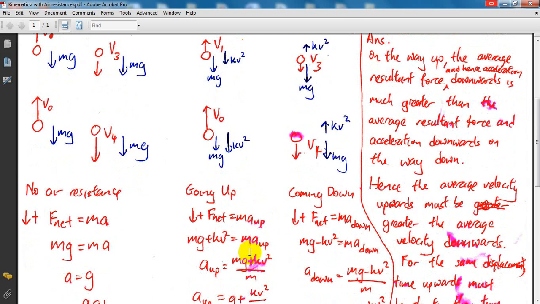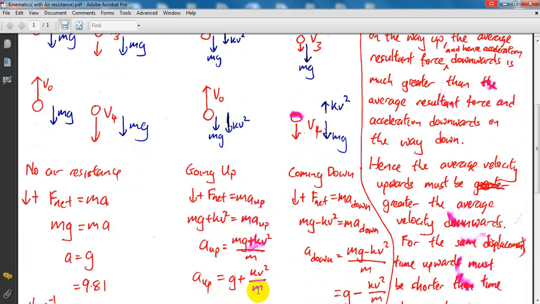And if we manipulate the equation a bit, I realize that acceleration equals mg plus kv squared divided by m. And if I do a simple simplification of the formula, it equals g plus kv squared over m. Now, kv squared over m is a positive value.